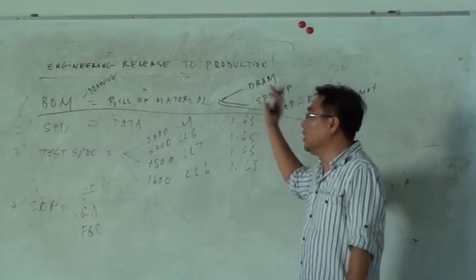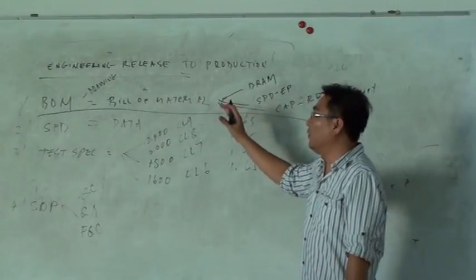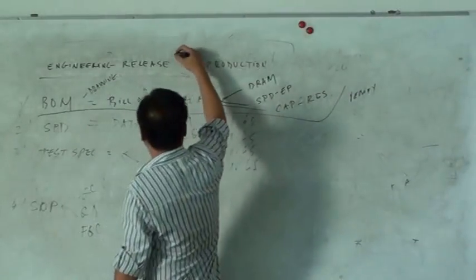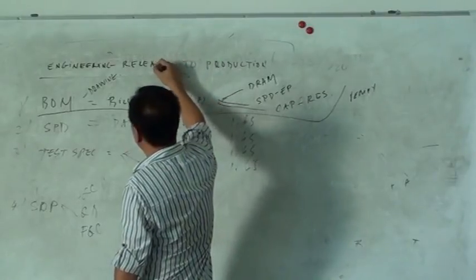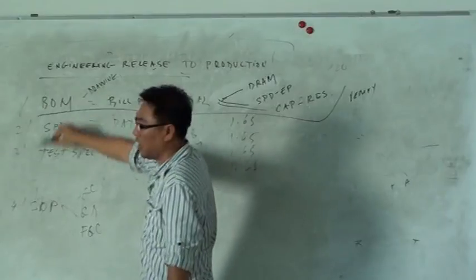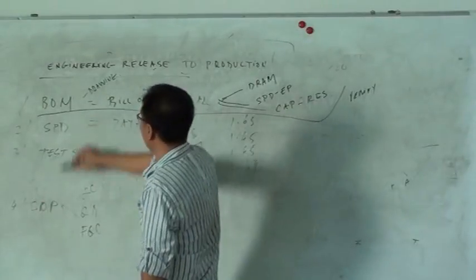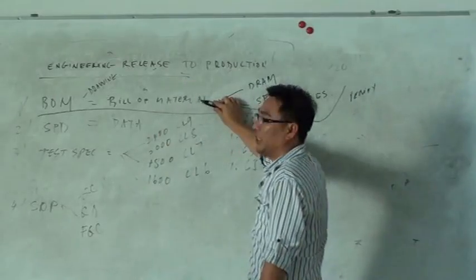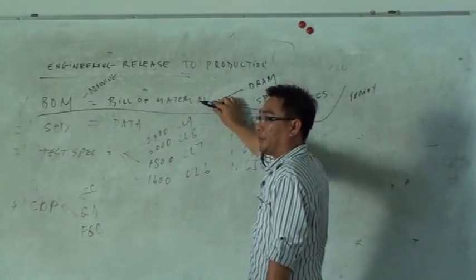Because when you enter into the system, the product release includes the BOM, SPD, test spec. All the team here know this already, but when you enter the bill of material, the BOM is very important. Yeah?